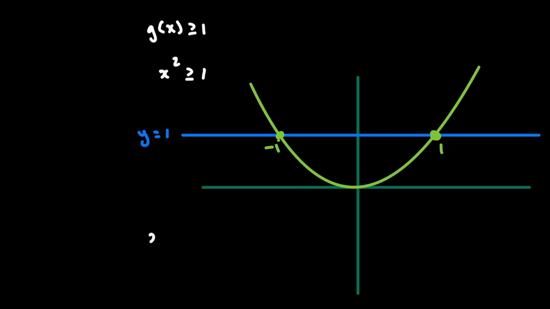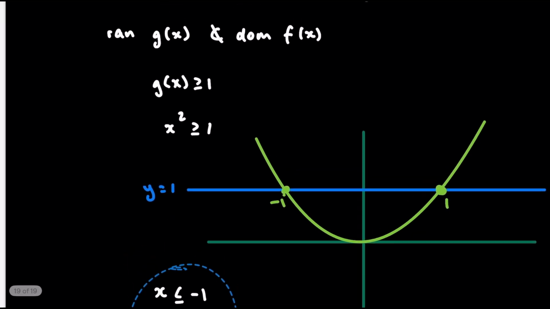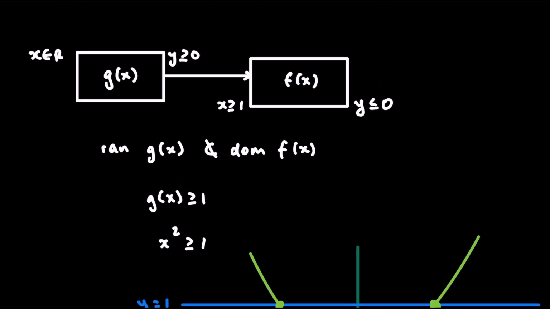So we can simply solve it by saying x has to be less than or equal to -1, or x has to be more than or equal to 1. So that's our new domain. So now we can say that the domain of f of g of x is x less than or equal to -1 or x more than or equal to 1.